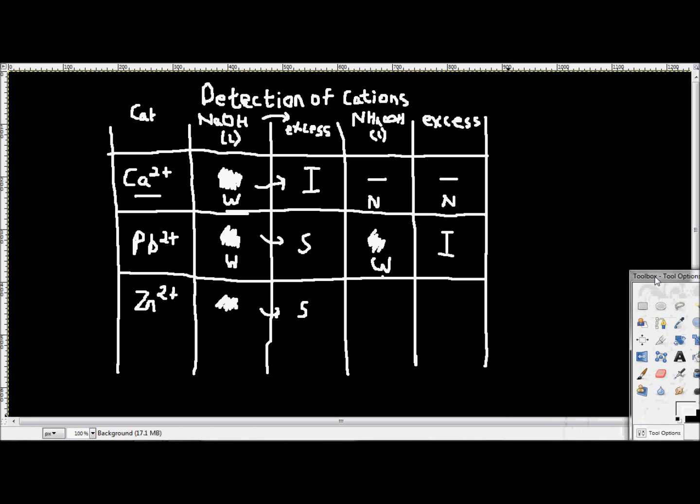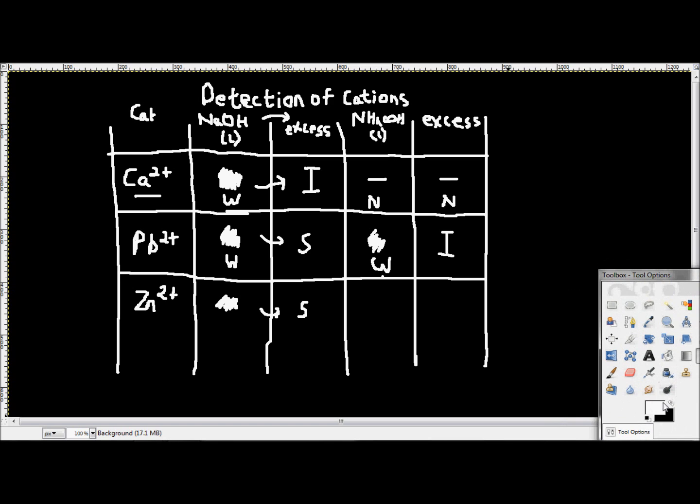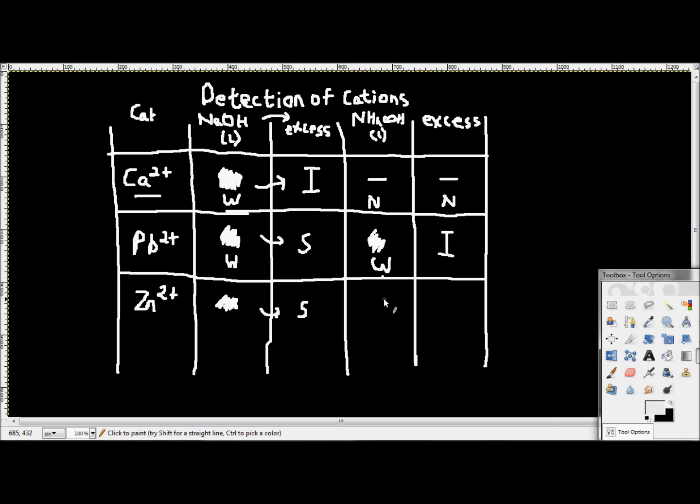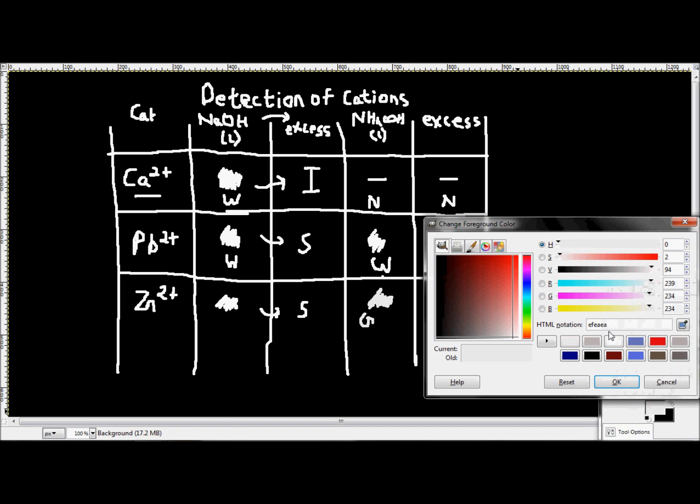I'm not too sure how to represent it here, but the adjective is gelatinous white. Now I'm gonna make it a slightly grayish shade. Just remember gelatinous. Okay, so I'm just gonna make it a little darker so you can make out the difference a bit better.